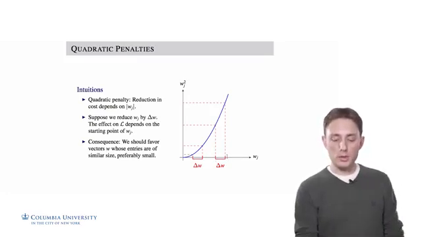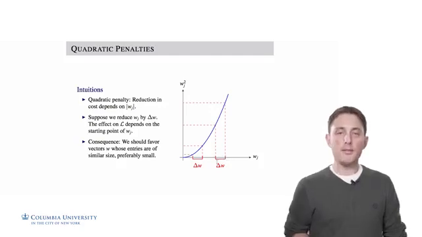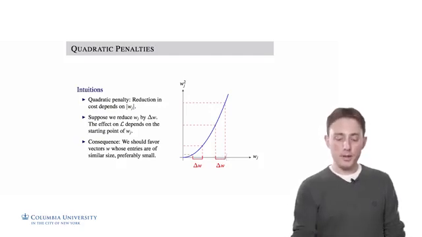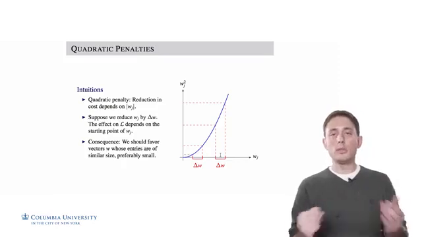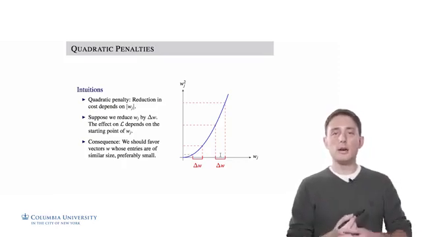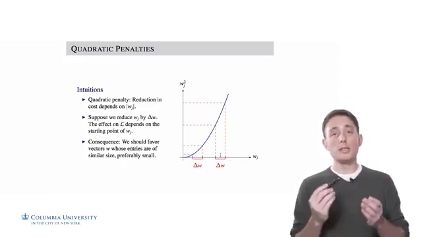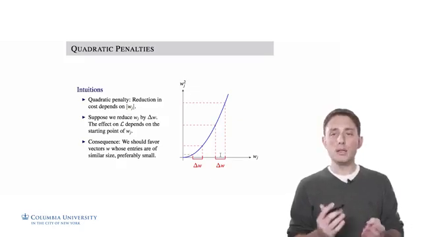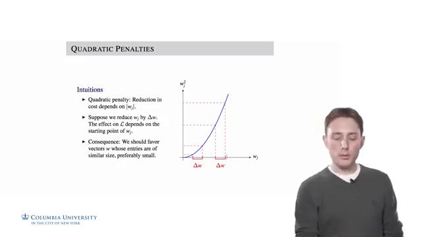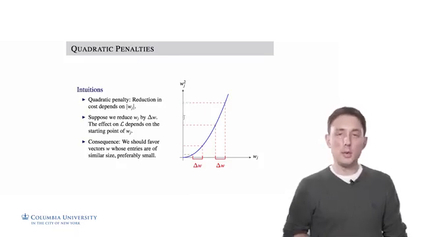If we reduce the value of wj by delta w, then the total reduction that we get in our objective function, according to the penalty, depends on the starting point. So if we have a larger value for wj and then we subtract off delta w from that, then we reduce our penalty by so much.